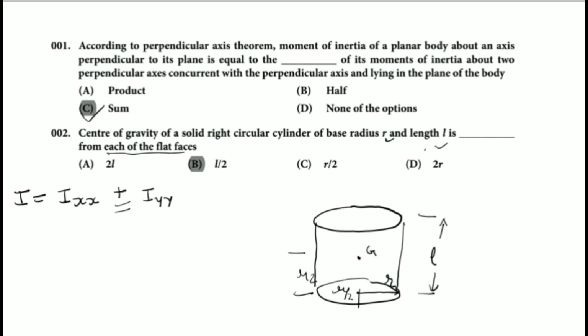From the flat faces, I have one flat face at the top, another face at the bottom. So from top and bottom you can consider the center of gravity as L by 2, right? If they had asked in terms of the cylindrical surface, then the answer should be C, right? Here they have asked from each of the flat faces, so the answer has to be L by 2.